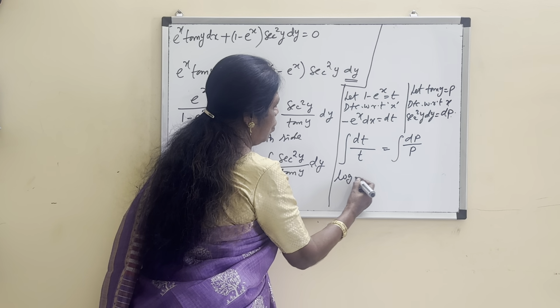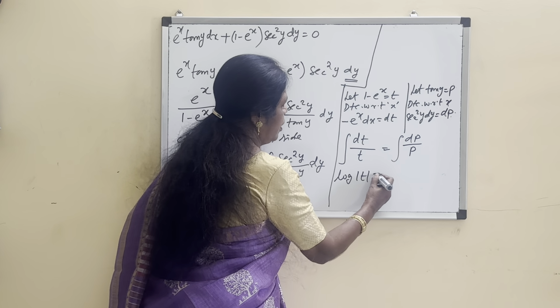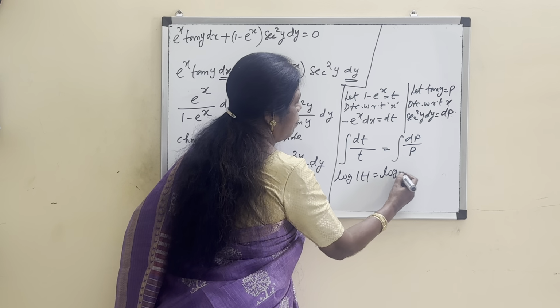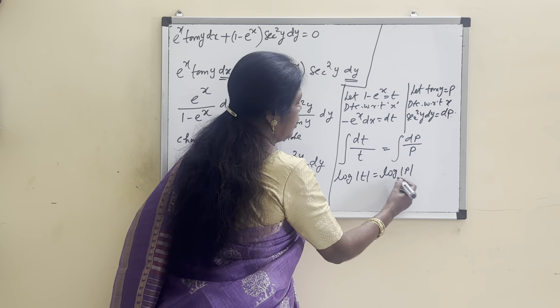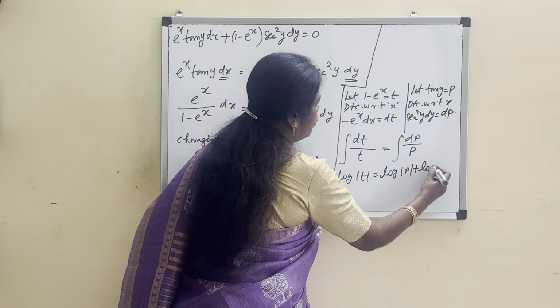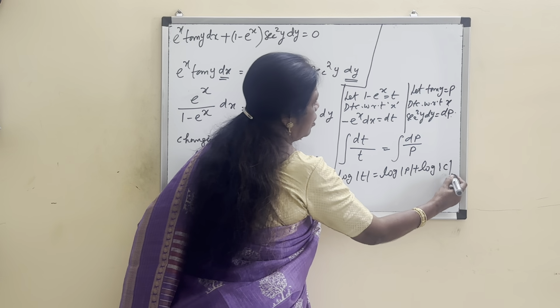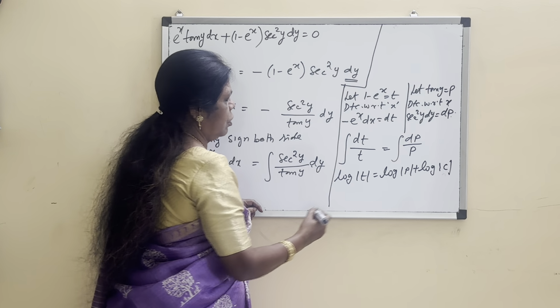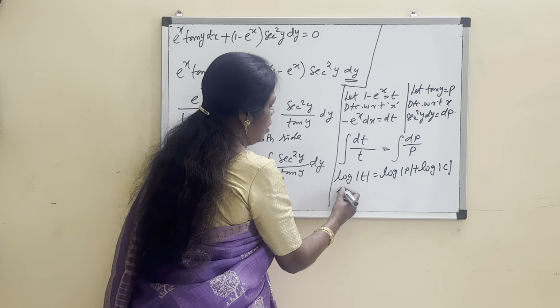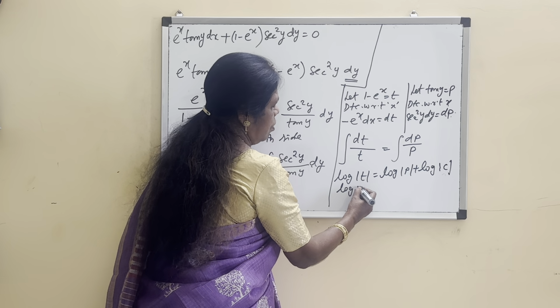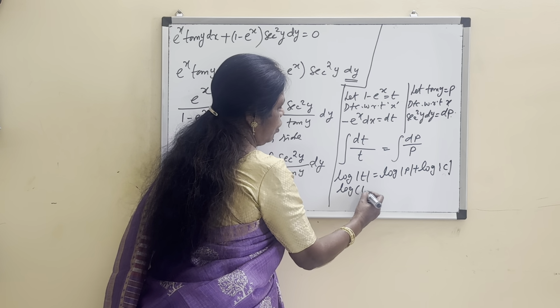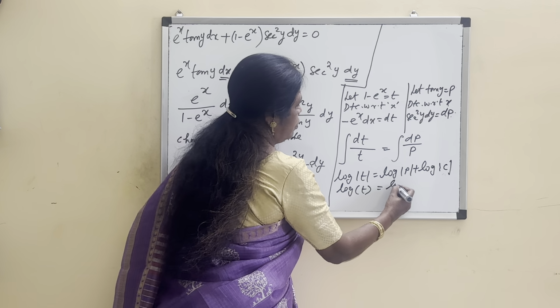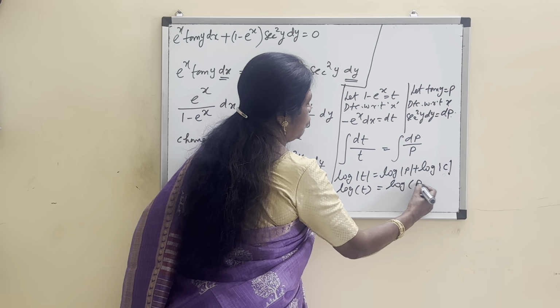It is log of modulus of t equal to log of modulus of p. Everything is in terms of log. We also take the constant in terms of log. Applying the formula, log of modulus of t equal to log p into c.